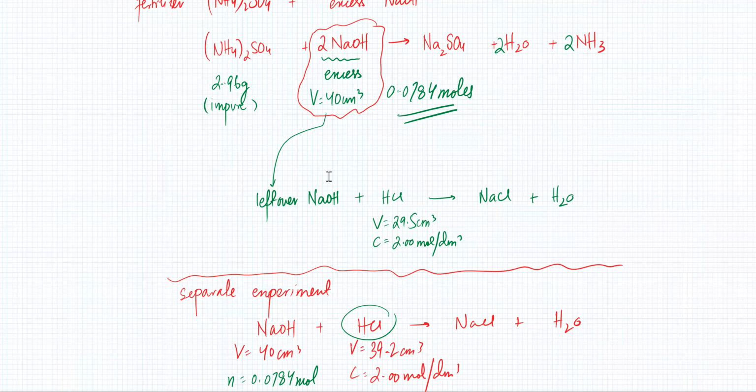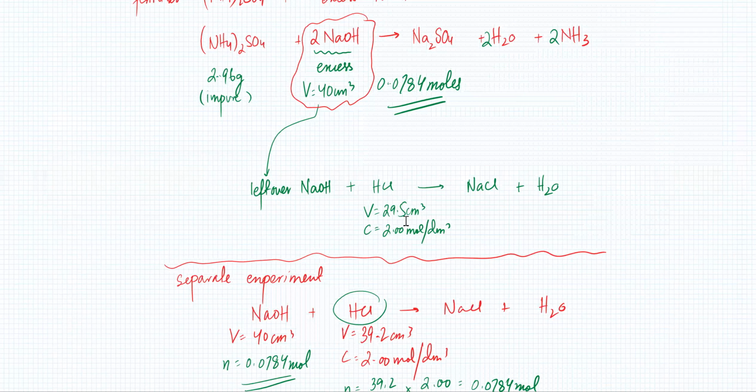That means the leftover is taking part in this reaction over here. Is that clear? Is everyone clear? So you found the moles. This is why they did the second experiment.